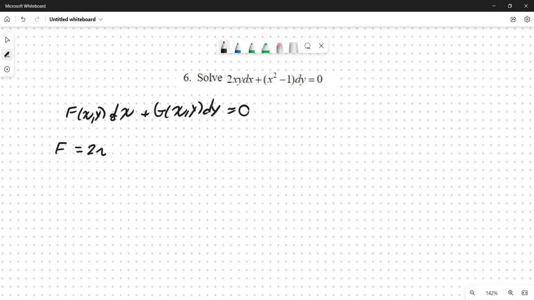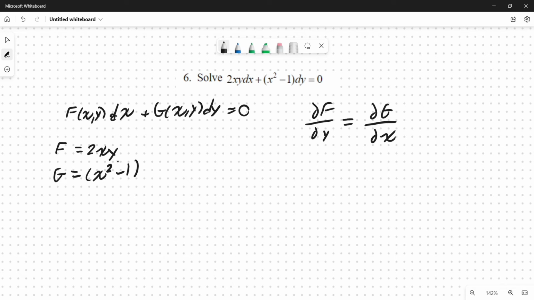So from this problem, we can see that f of x,y, which we'll call f, is going to be 2xy. And then g of x,y is going to equal x squared minus 1. We need to prove that the partial of f with respect to y, because you're going the opposite of whatever the differential was, so dx, so we do y, has to equal the partial of g with respect to x.